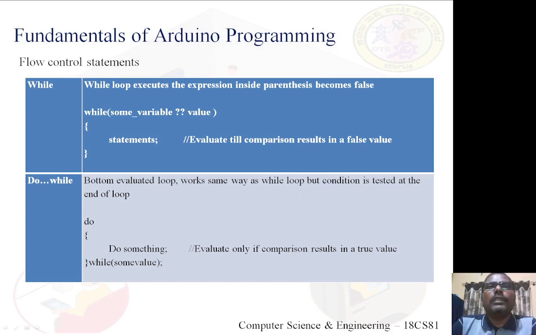Do while is a bottom testing loop. In do while, first the body will execute, then the condition is evaluated. So in do while, at least once the body of the loop is going to execute.